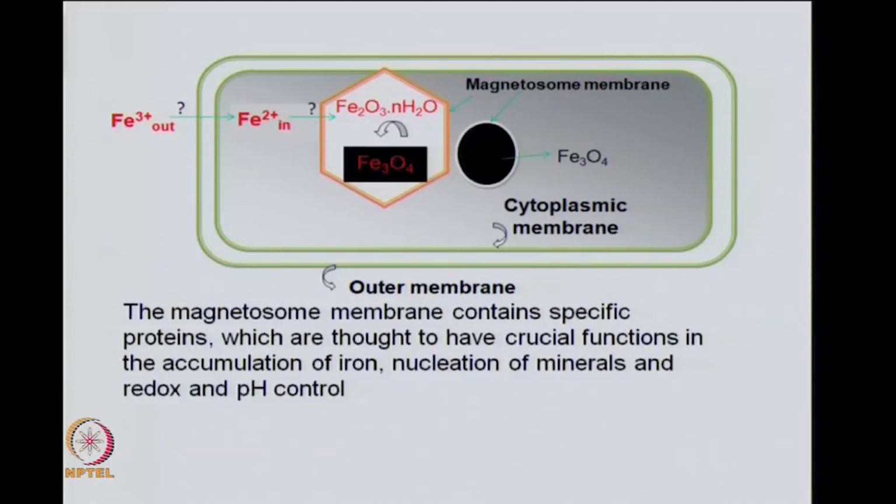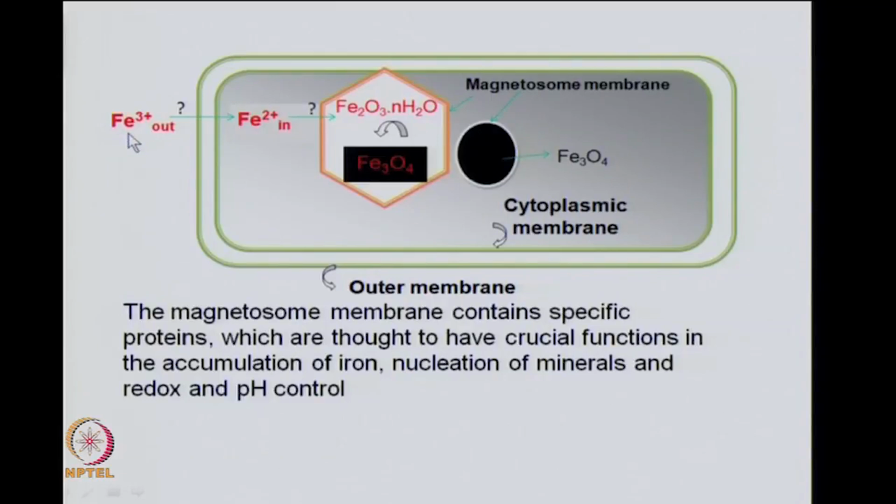It will be attracted to or interact with a magnetic field, and this kind of particle is present within the cell of the magnetotactic bacteria, and that helps to guide the bacteria based on the magnetic field of the Earth. Now, this Fe3O4 particle is covered with a membrane which is called the magnetosome membrane.